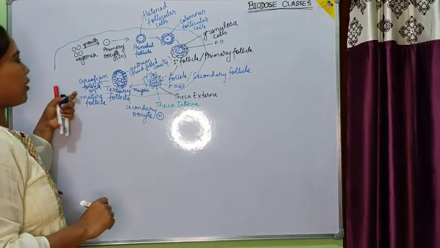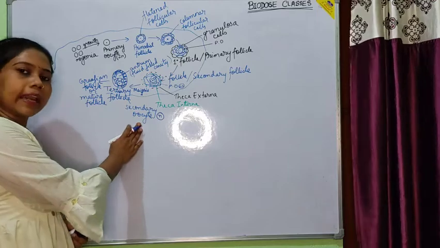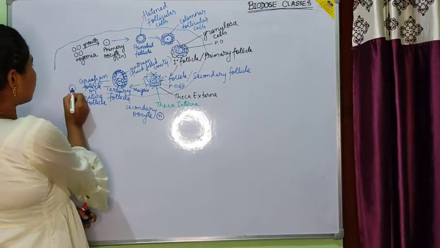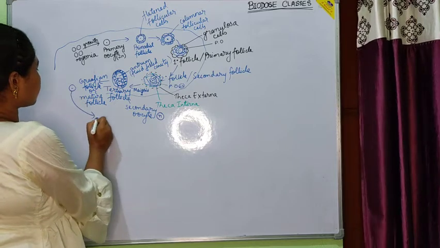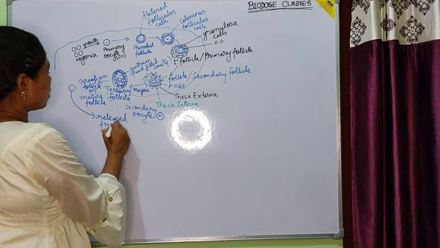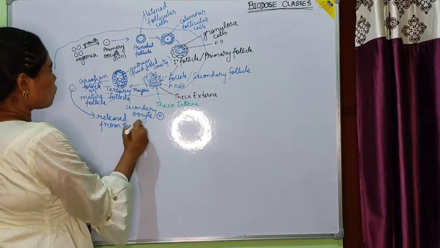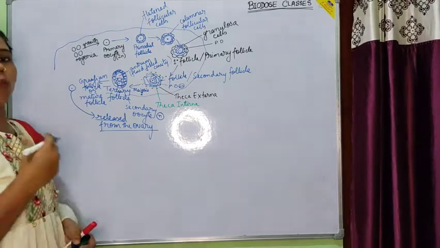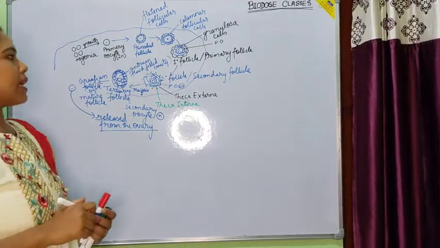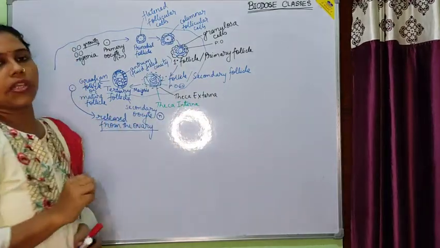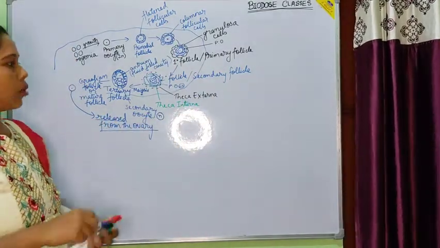Now this Graafian follicle would have this secondary oocyte in it, and that secondary oocyte is released from the ovary. We would see why this is released from the ovary and what the hormonal changes are that are responsible for all these changes that occur inside the ovary.